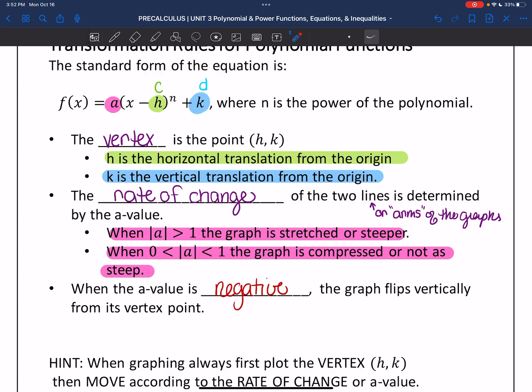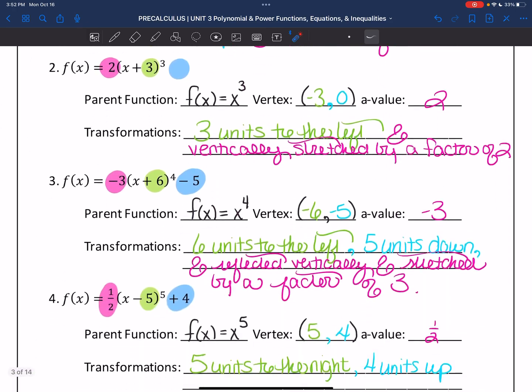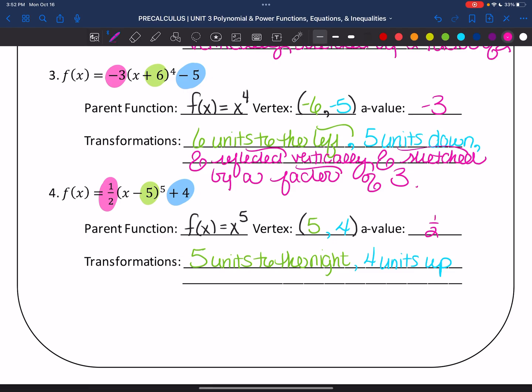That's going to cause a compression. So our graph is going to be not as steep. So let's go ahead and say that in here. It's compressed. Compressed how? Vertically, by a factor of 1/2.